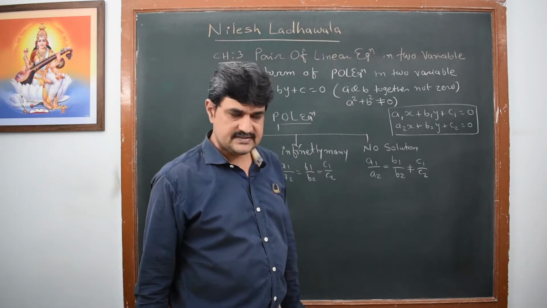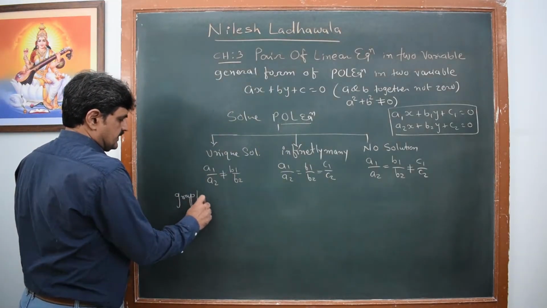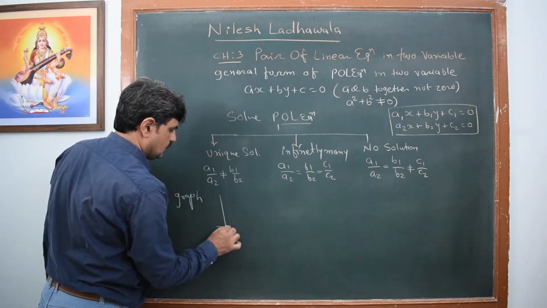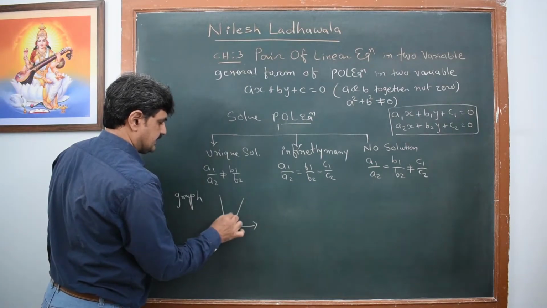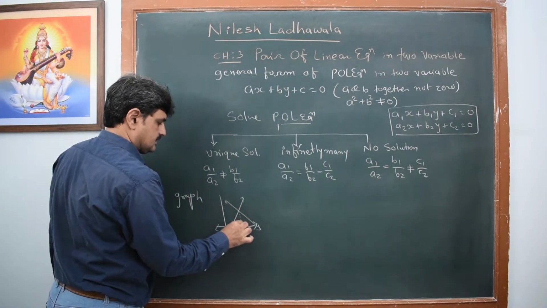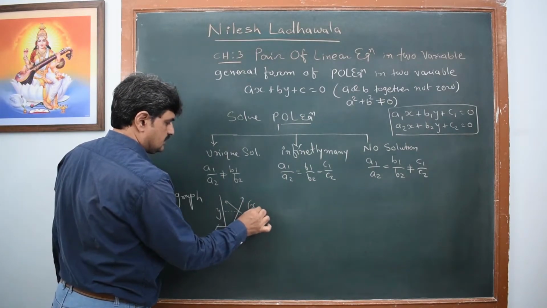Now, if I draw the graph of it, then the graph for a unique solution will be an intersecting line, and the x and y is your solution.